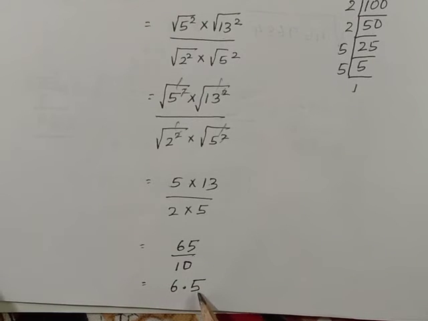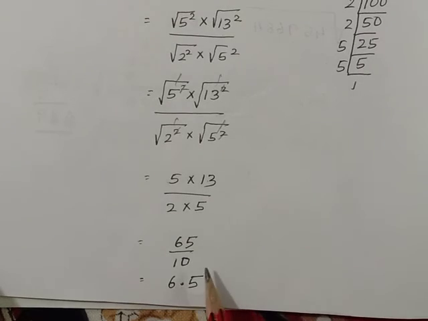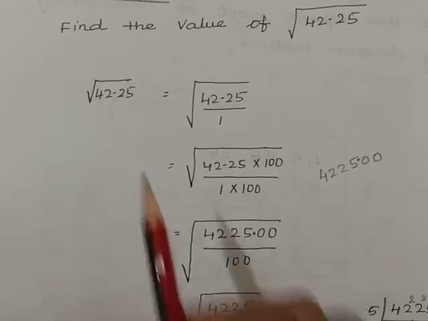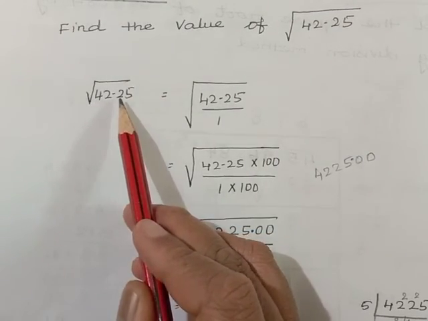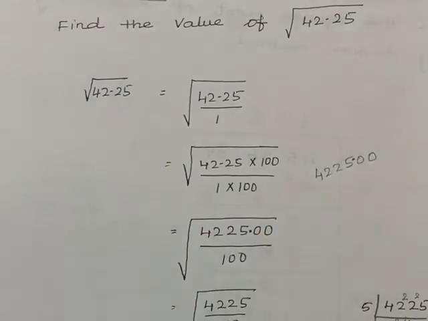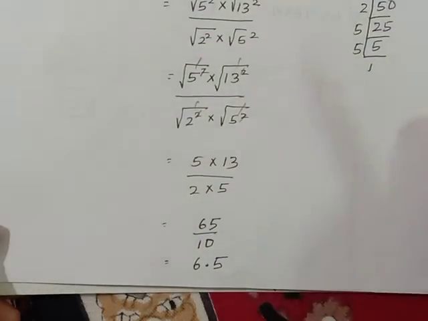So 6.5 is the answer. So 6.5, when you multiply it twice, 6.5 into 6.5 gives you 42.25. Therefore, the square root of 42.25 is 6.5.